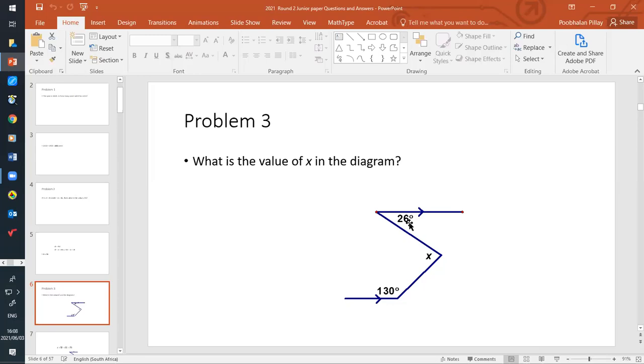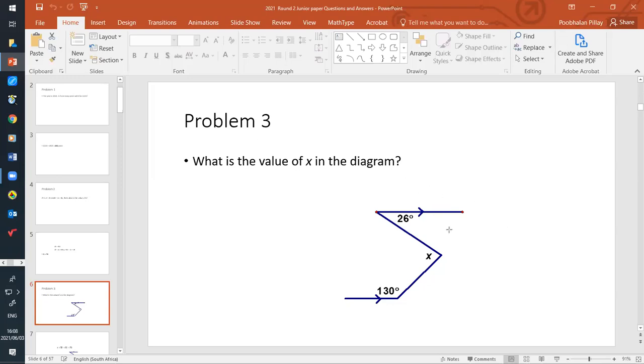And yeah, at first glance, this looks like a very difficult problem because there are no triangles or any quadrilaterals or anything here. So how are we expected to find the value of x? So the problem is actually to perform a construction to solve this problem.